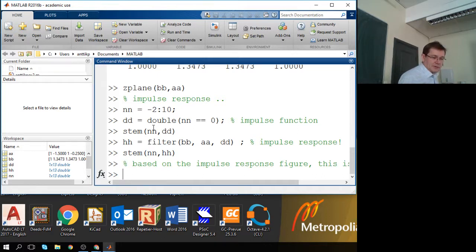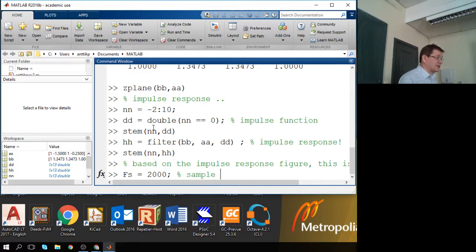Next, let's calculate the frequency response. But for calculating frequency response, I would like to also have a really physical meaning for the frequency axis. So I'm just setting the sample rate, for example, 2 kilohertz. For example, a sampling system, a data logger of some sort.